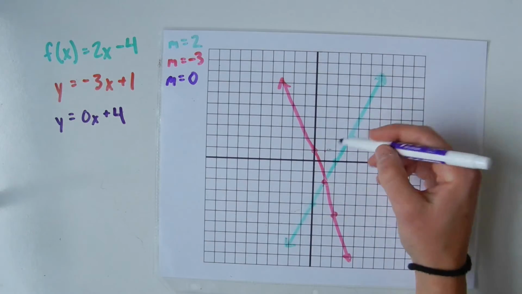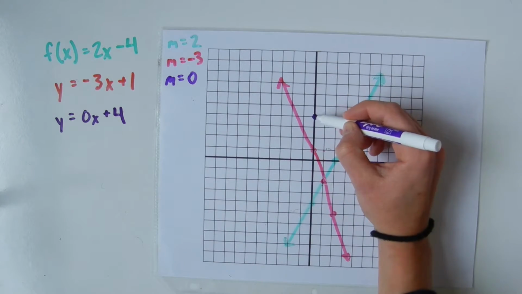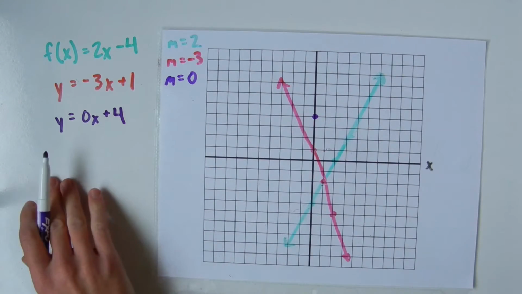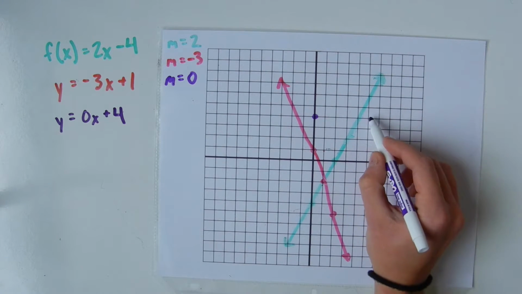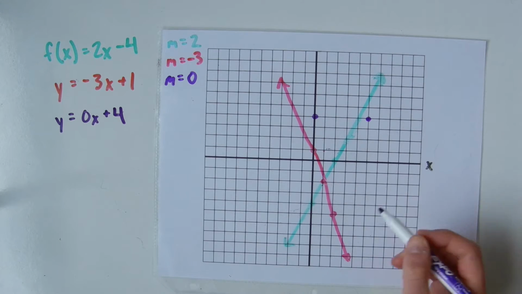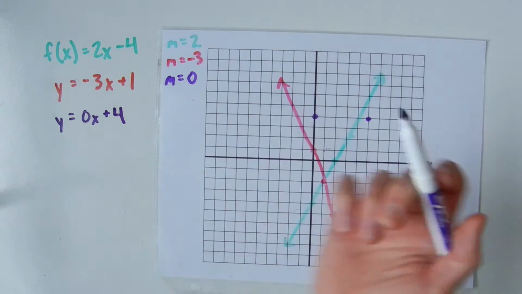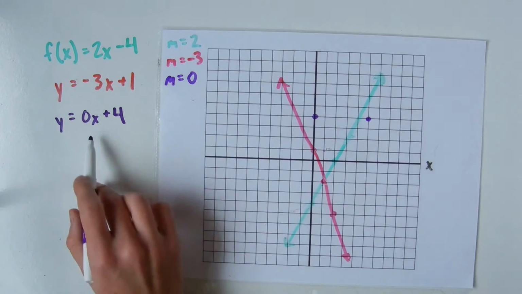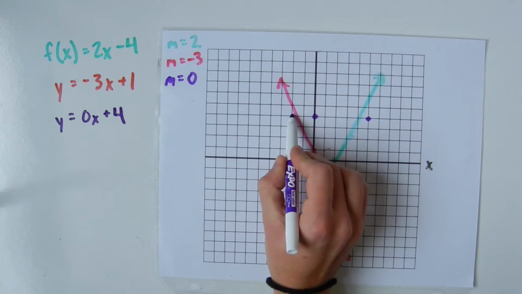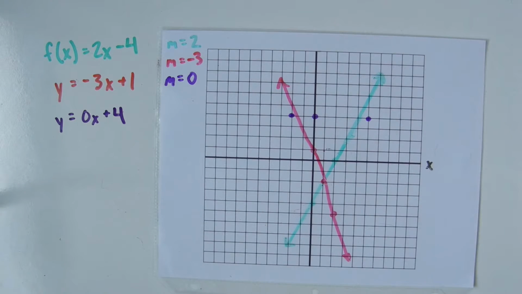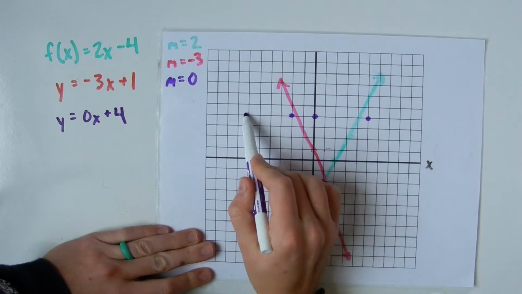So if x is 0, y is +4. If x is 5, 1, 2, 3, 4, 5, y is still +4. Let's say when x is -2. -2 times 0 is still 0, so y is still +4. So let's go ahead and connect that line.